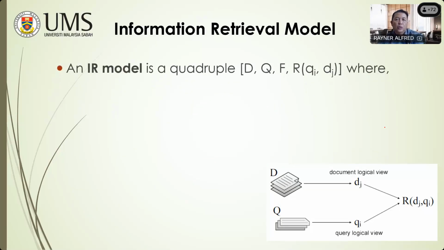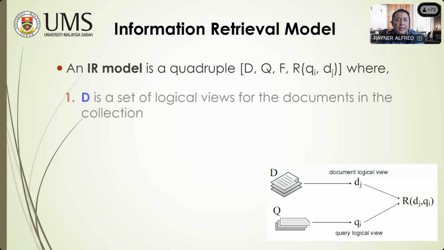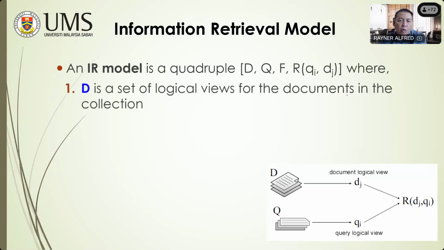Okay, so to model the IR model, we will outline four terms here. So the first one is called D. D is a set of logical views for the documents in the collection. So basically, this is the framework that we have. We want to represent the document in a logical view in such a way that we can quantify the similarity between the document and the query later on.